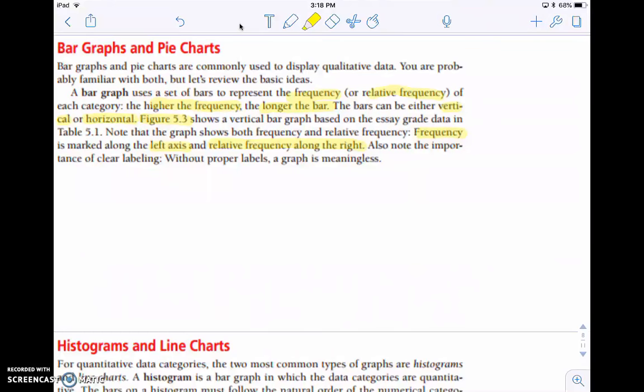As you're making these bar graphs, it should be clear to the reader what each thing means, because without those labels, the graph doesn't have a lot of meaning. It's open to interpretation. So whether it's a pie chart or a bar graph, make sure to label it properly and do your best to draw it to scale. If you're drawing a pie chart and it says 50% for one category, you don't want to draw it in a form that doesn't look like 50%, because that's very deceiving. So just make sure that you scale those things well.